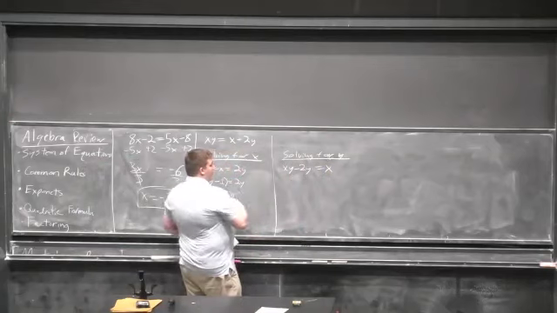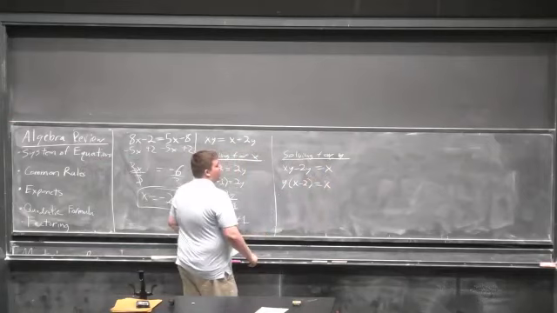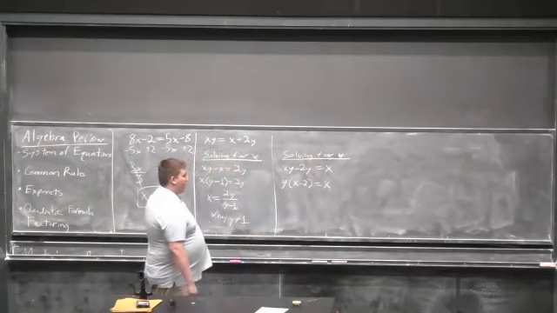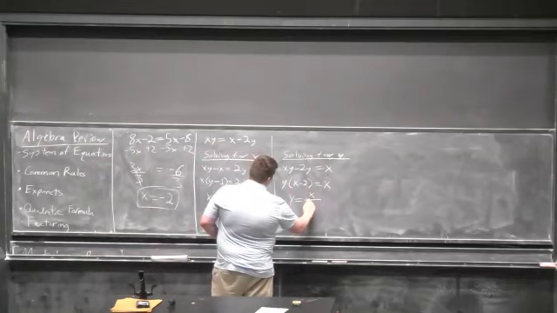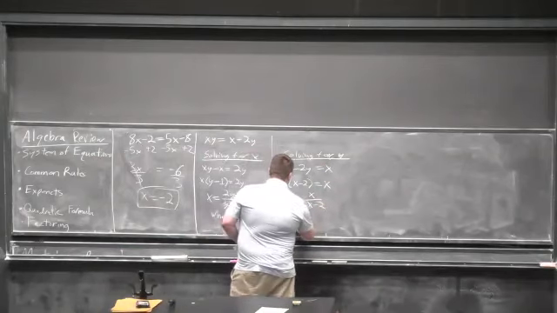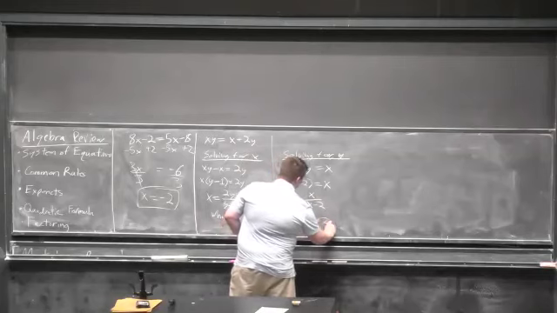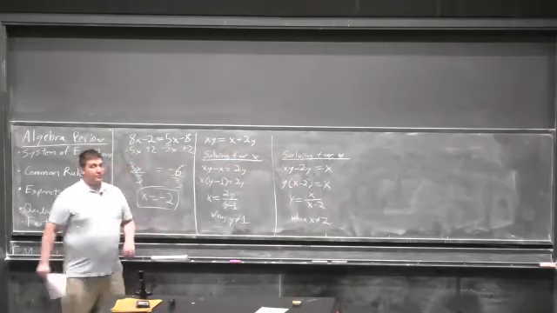We can factor out a y: y times x minus 2 is equal to x. And we can divide by x minus 2, so we get y is equal to x divided by x minus 2. And this is when x does not equal 2.